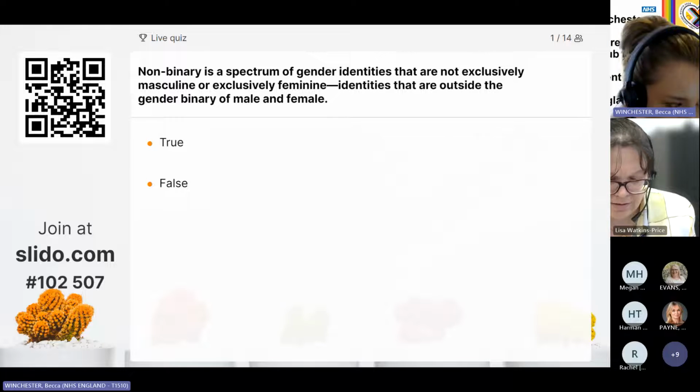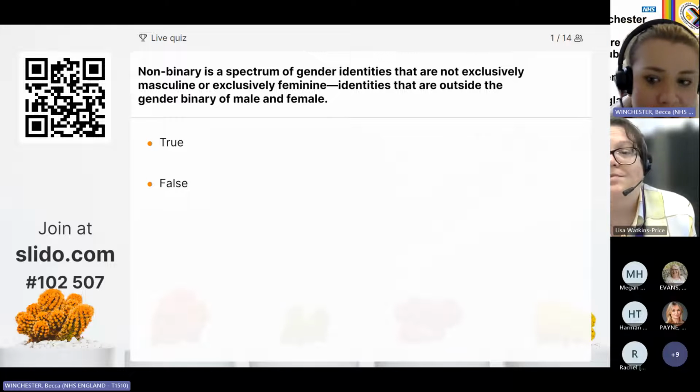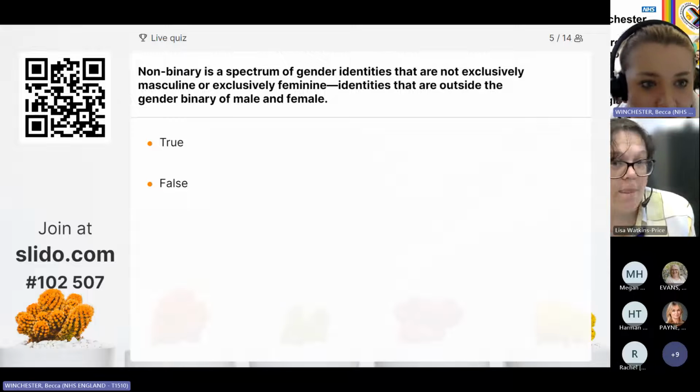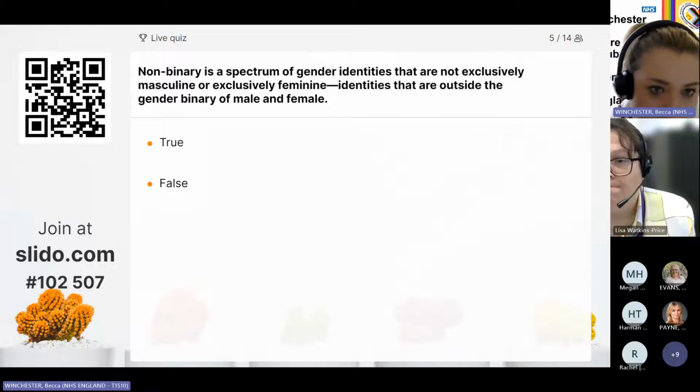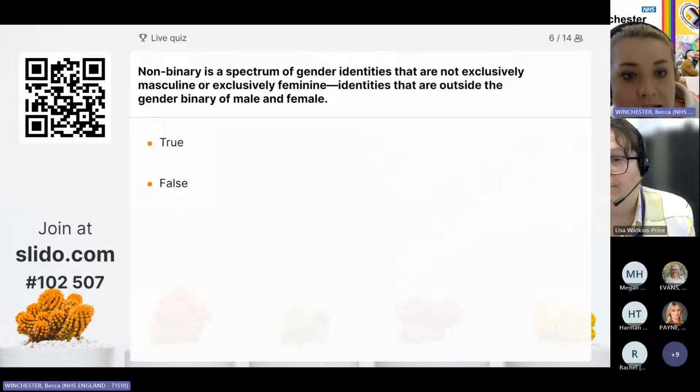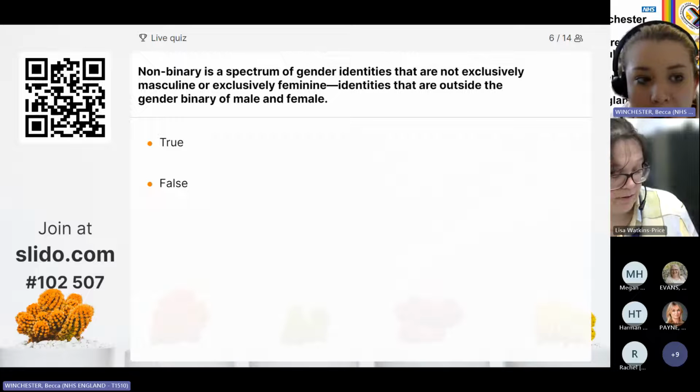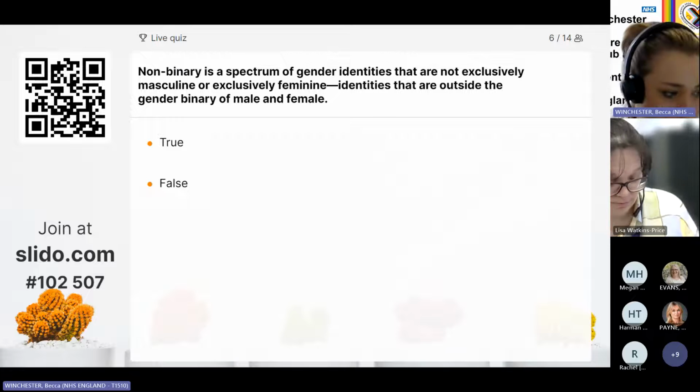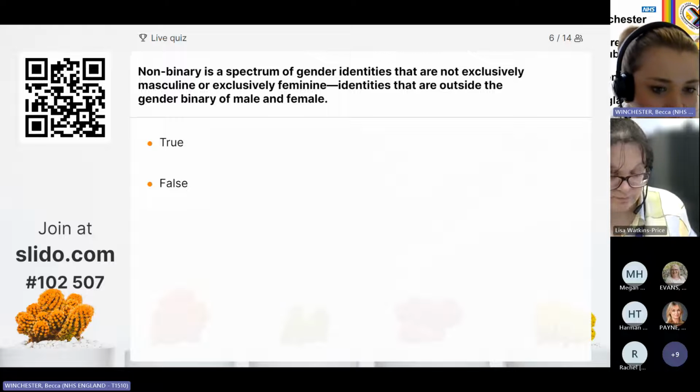So non-binary is a spectrum of gender identities that are not exclusively masculine or exclusively feminine. So identities that are outside the gender binary of male and female. True or false?